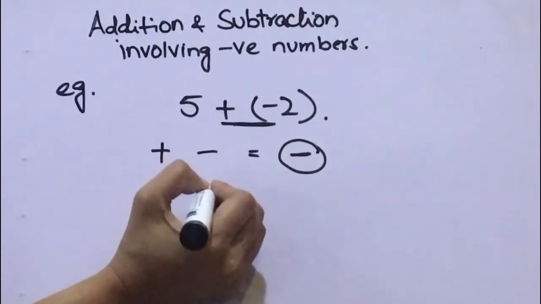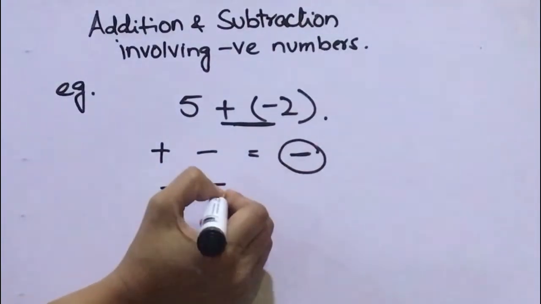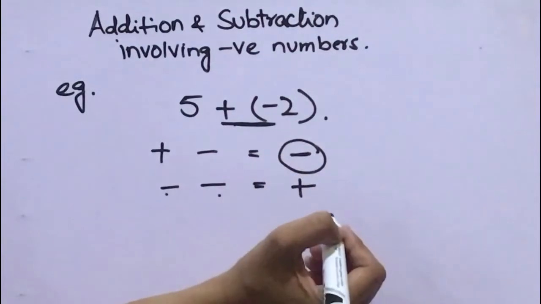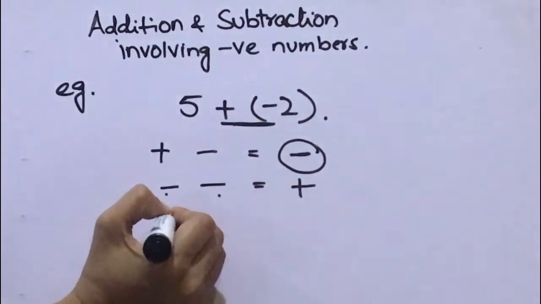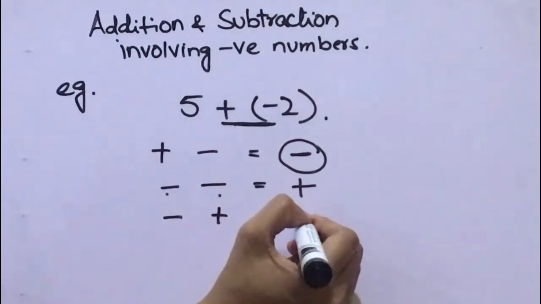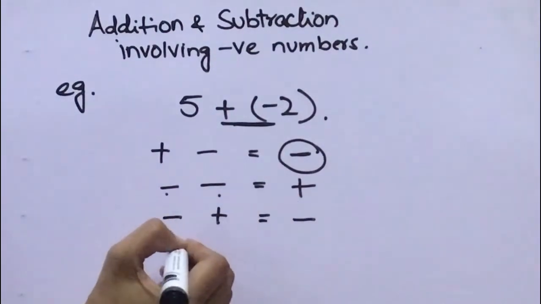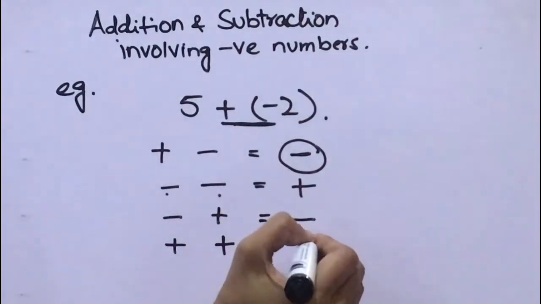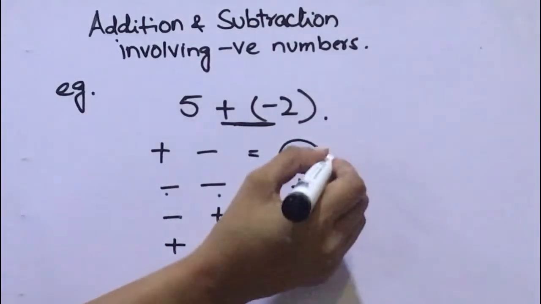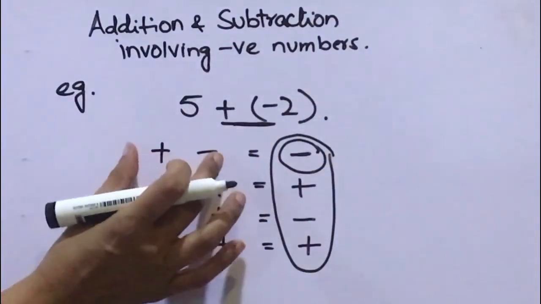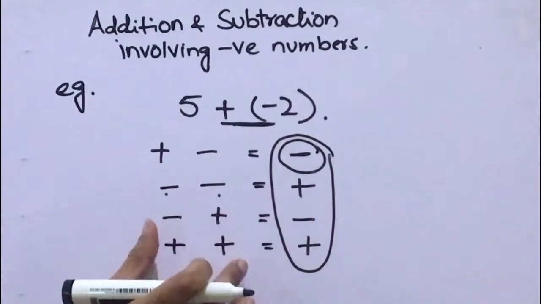If you have two similar signs, negative and negative, when they collide they will operate as a positive. If we have minus and plus, they will operate like minus. If both numbers are positive, they will operate as a positive. So these are the operational rules when these types of numbers react with each other.